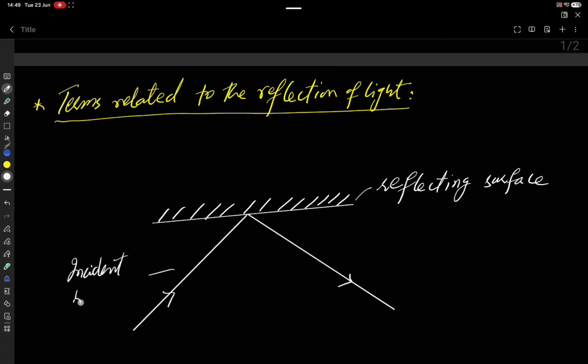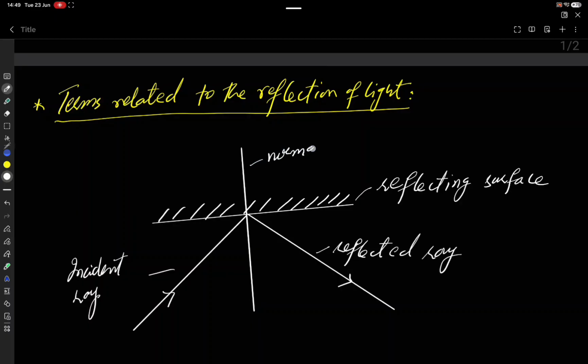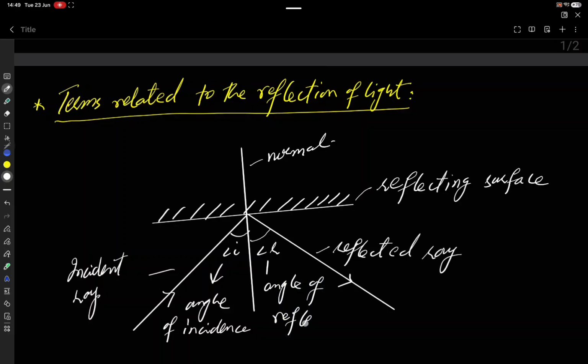Incident ray, reflected ray. This is the normal. This is the angle of incidence. This is the angle of reflection.